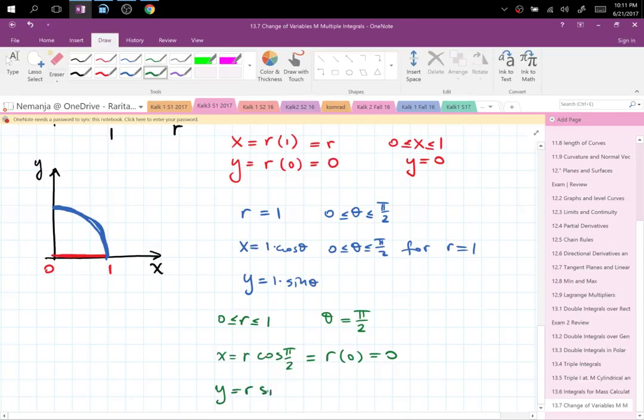And y is r sine of pi over 2, which is always r. And r travels from 0 to 1. So I hope that you see that y is equal to r, which tells me that y goes between 0 and 1, and that has to be this.